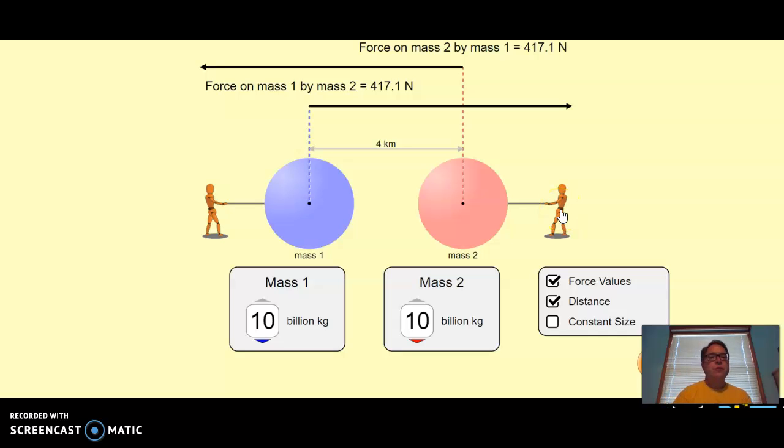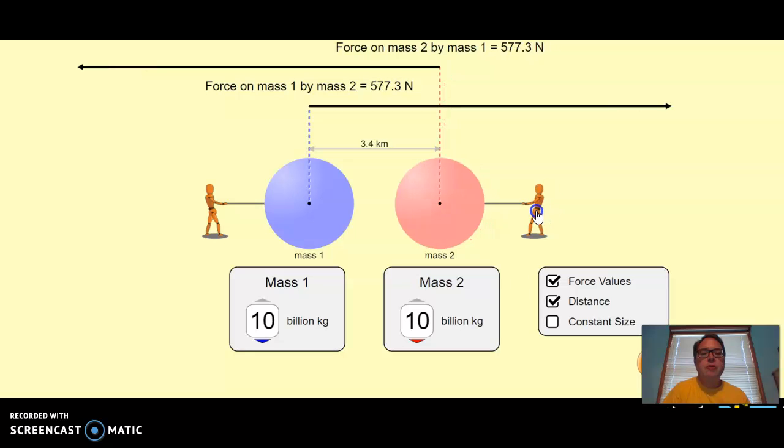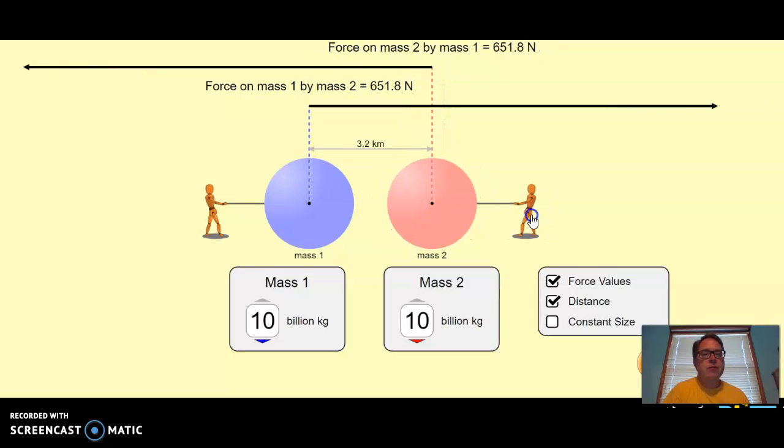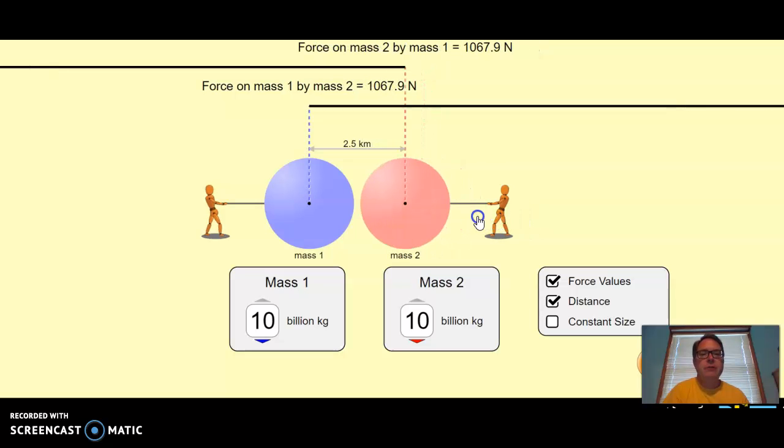Now, this next part that I'm going to talk about is something I think is new, that we haven't mentioned before about gravity. Watch this. I'll move these closer together. And what happened to the gravity? Again, we were right here. And as I get closer, what happens? Those arrows get larger and larger. We're now at over 1,000 newtons.